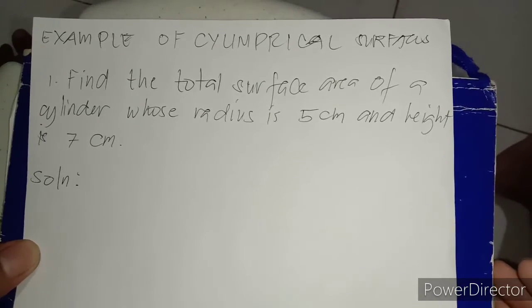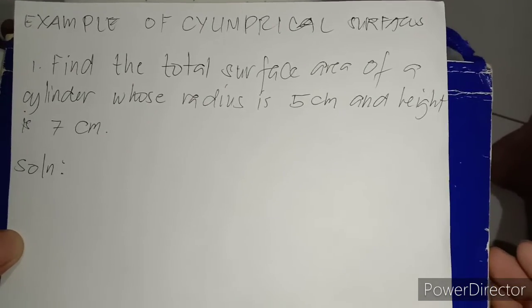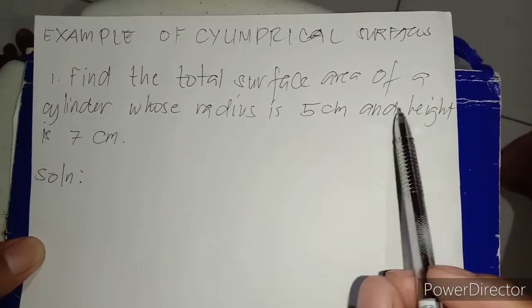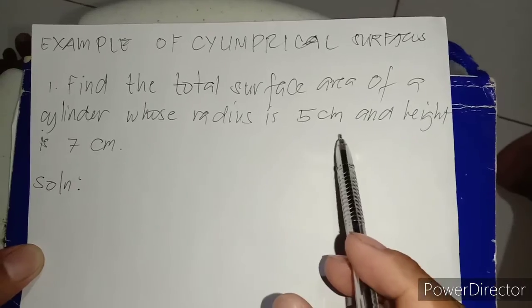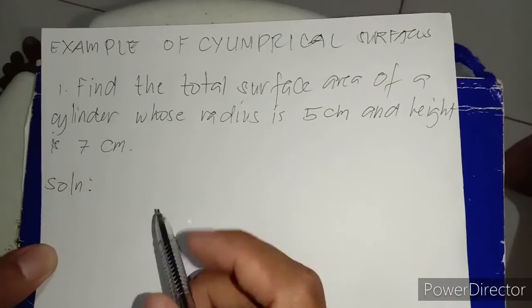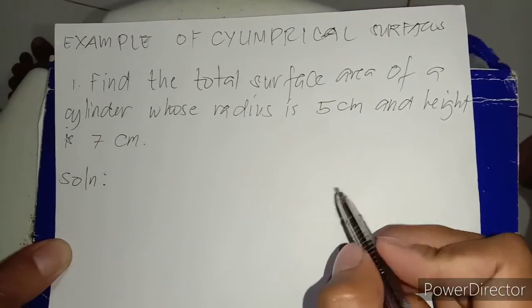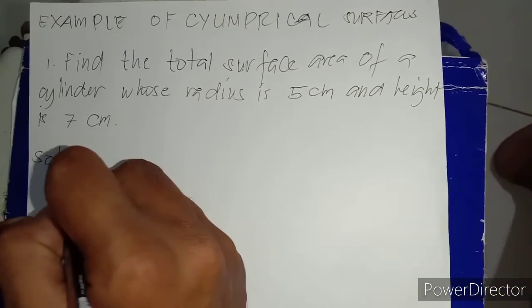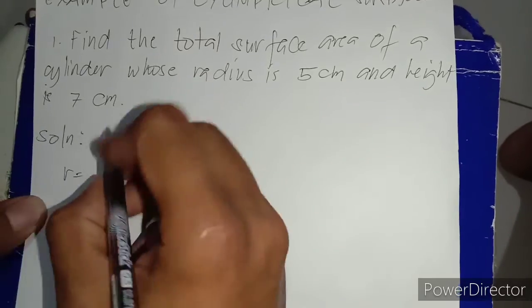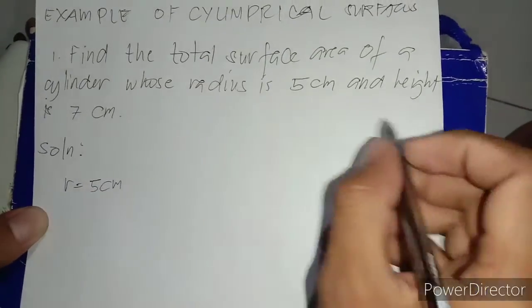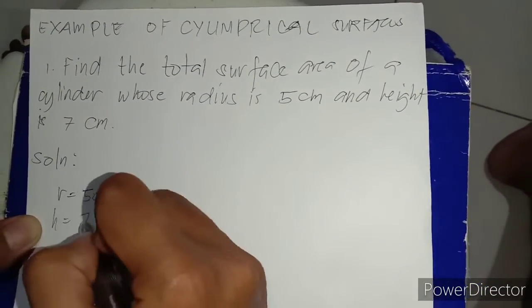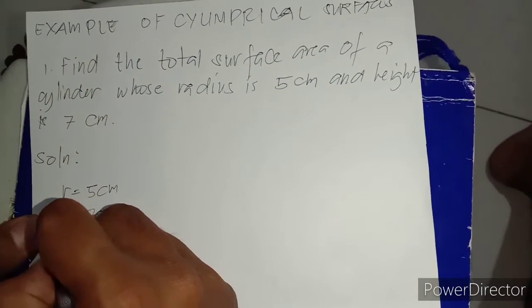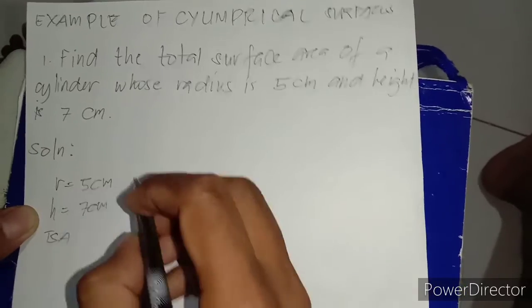Example of cylindrical surfaces. Problem 1. Find the total surface area of a cylinder whose radius is 5 cm and height is 7 cm. In this problem the given values are: radius R is 5 cm, height is 7 cm, and the unknown is the total surface area.